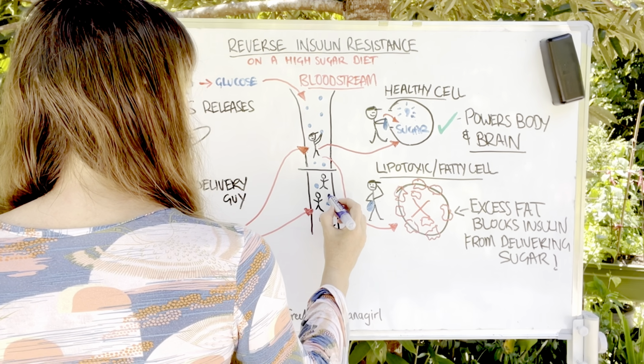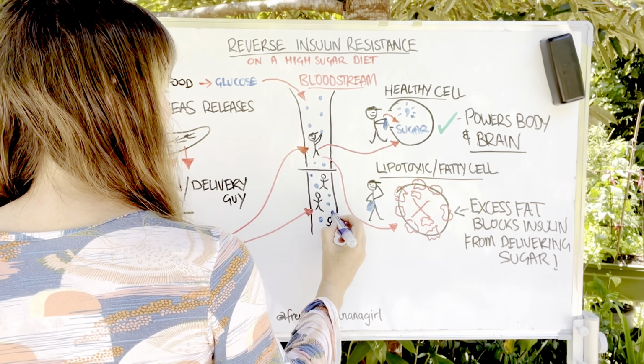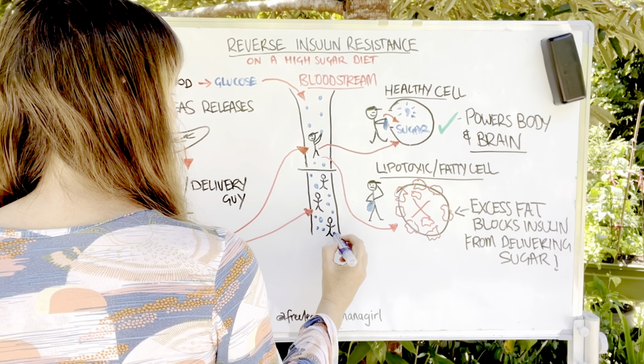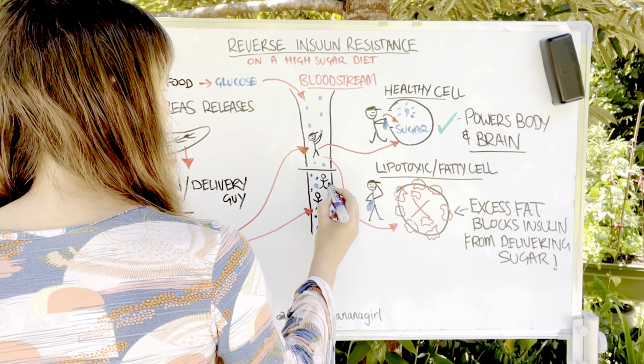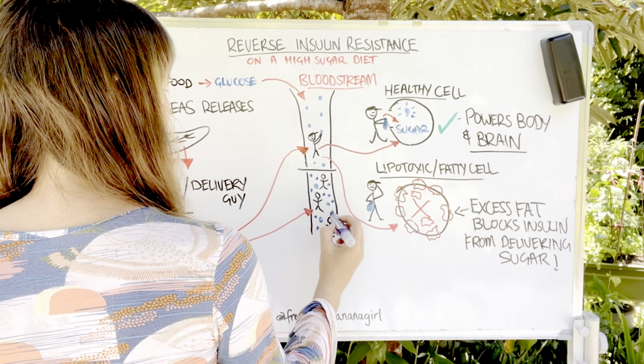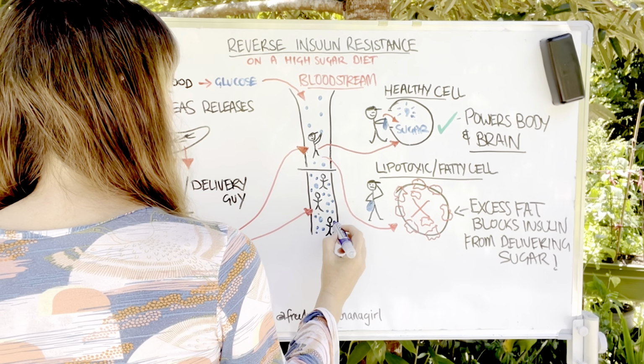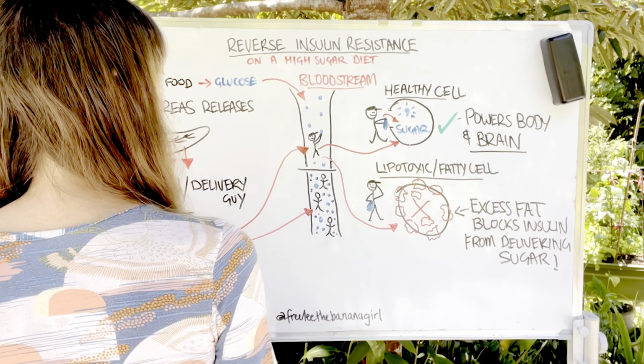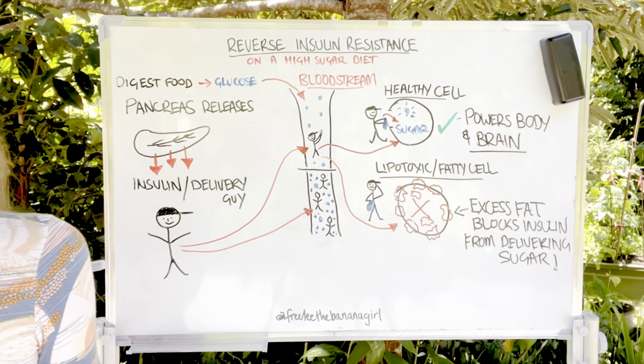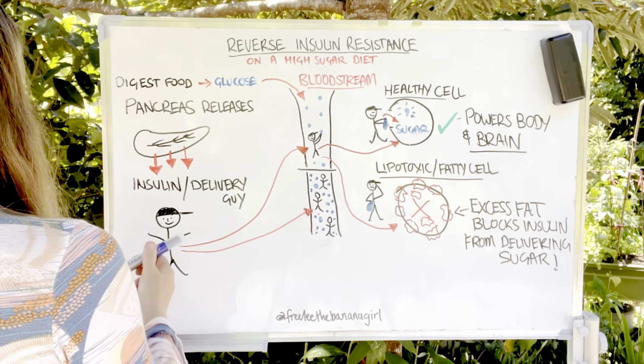So what happens is the sugar starts to back up with the insulin. So there's too many delivery guys, too much sugar, and they cannot get out of this stage and into the cell. And that's a big problem. This is insulin resistance right here.